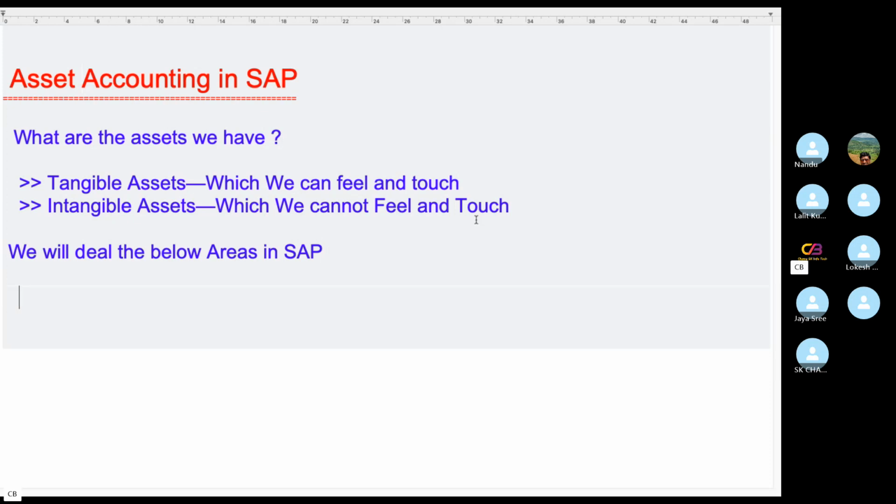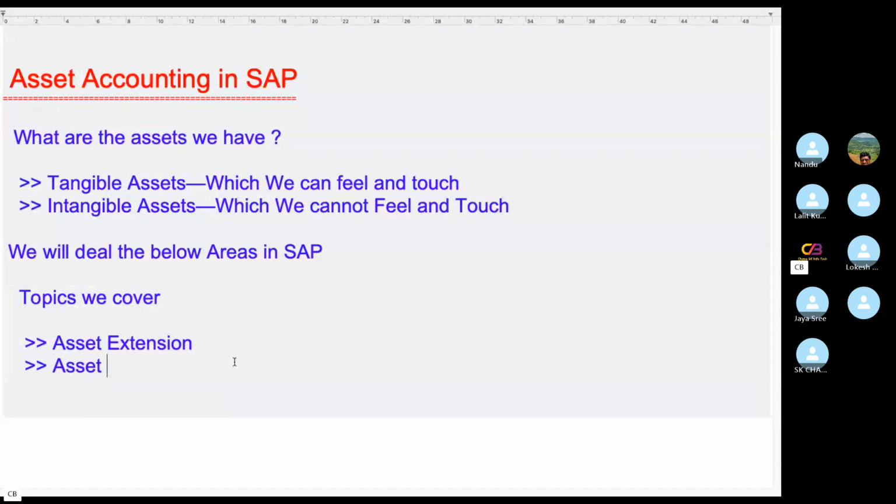These are the topics we cover in the coming classes. So asset extension, that means extension is creation.